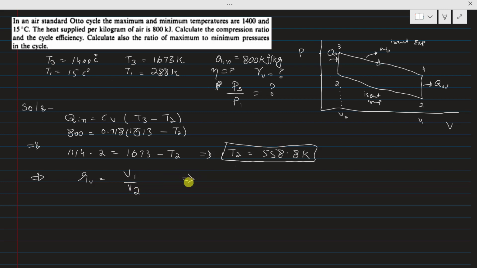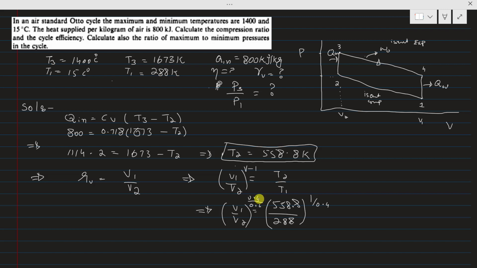So before that, we know that V1 divided by V2 to the power gamma minus 1 is equal to T2 divided by T1. So we are interested to find this value. Put the values calculated here: 558.8 divided by T1, that is 288.